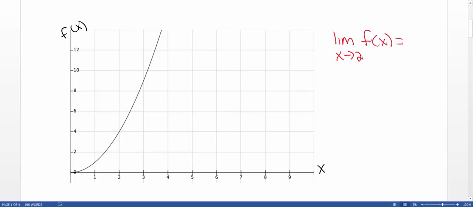Again, we have to pick the value that the independent variable is approaching, and then we want to consider what value y is approaching as we get close to 2. The word approach in our definition is really important because we're never going to actually plug in 2. We're going to try to get really, really close to 2 to see what y value we're getting really close to.